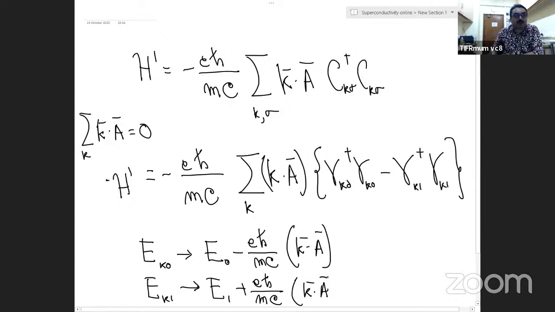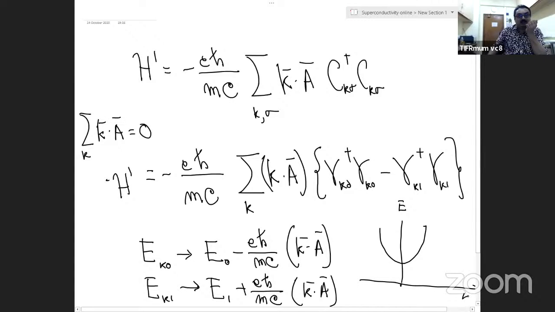But there is a difference. The difference is that in the case of Zeeman splitting, it is not dependent on k. Here this is k dependent, which means that if you want the dispersion relation, which was like this to start with, this is the energy axis and this is the k axis, then it has shifted, in one case like this, in the other case like this.